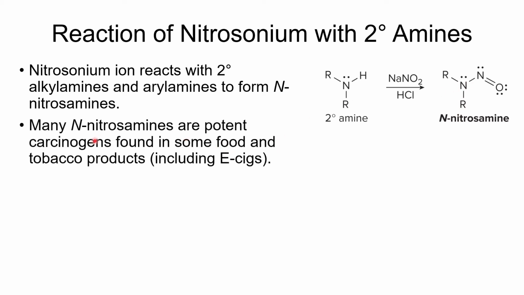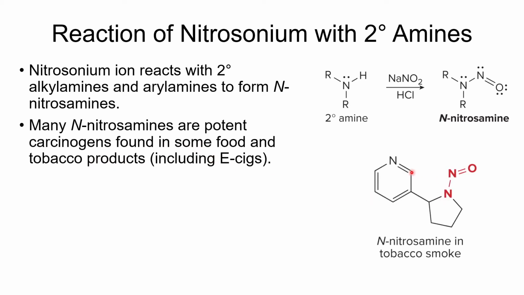One of the downsides of these N-nitrosamines is that they are pretty potent carcinogens. And we'll find that they are found in some foods and also found in tobacco products, including some of the e-cigarette products. And so this particular N-nitrosamine that is found in there, this is something you don't want to be breathing into your lungs.